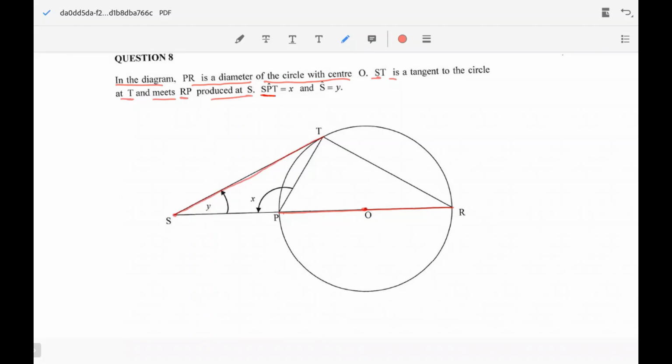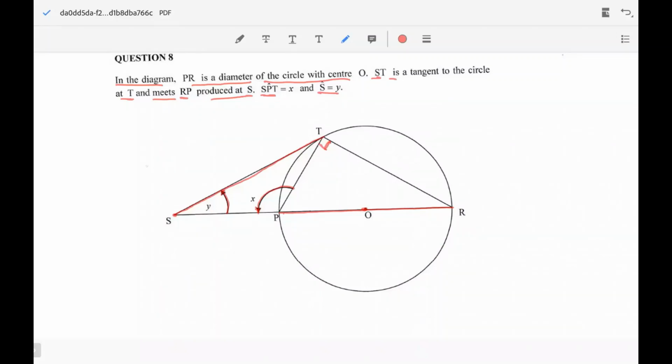Angle SPT is X, so it's this angle here, and angle S is Y. Trying to analyze the diagram, if you have a diameter, know that a diameter subtends an angle of 90 degrees at the circumference of the circle.